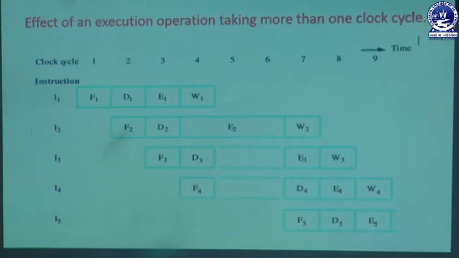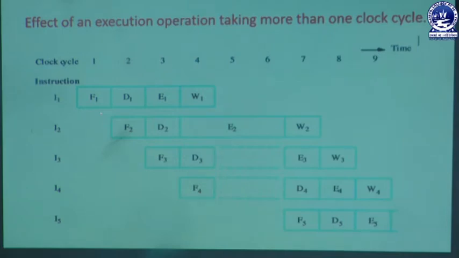Here you can see there are 5 instructions I1, I2, I3, I4 and I5, and this pipeline uses 4 stages: fetch, decode, execution and write. Each stage has to be completed in a single clock cycle, and here are our clock cycles 1 to 9.